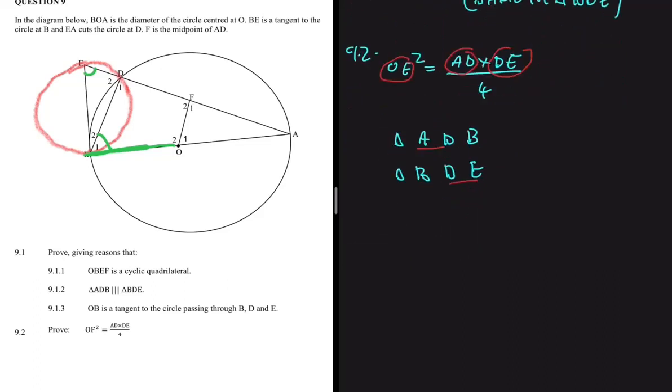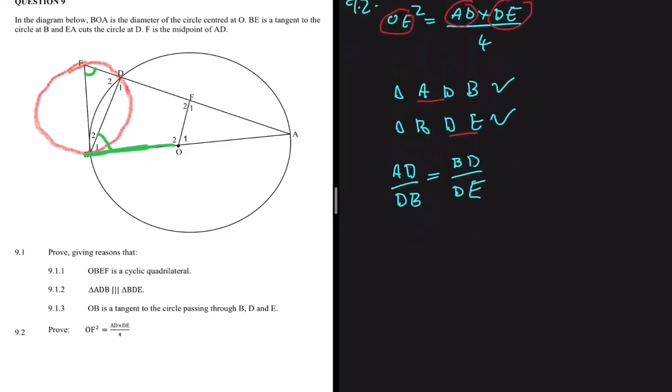So because the two triangles are similar, we can say that line AD on this first triangle, divided by line DB on that triangle, will be equal to line BD on this triangle, divided by line DE, right? The sides will be in proportion because the two triangles are similar.